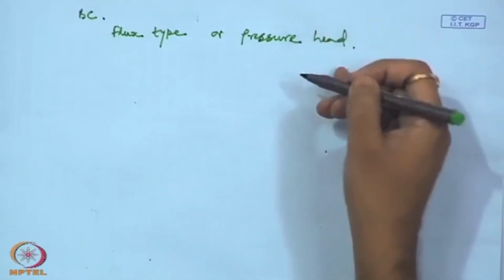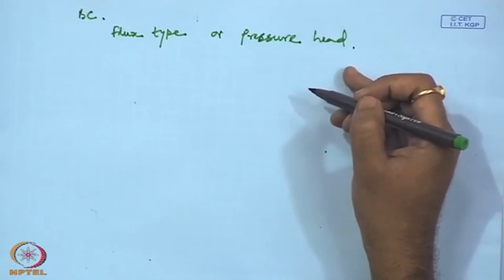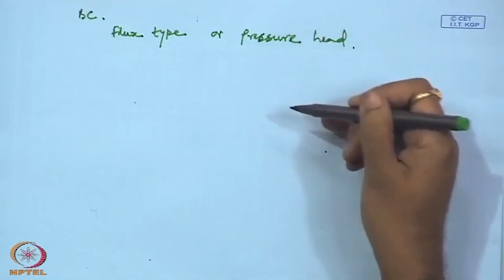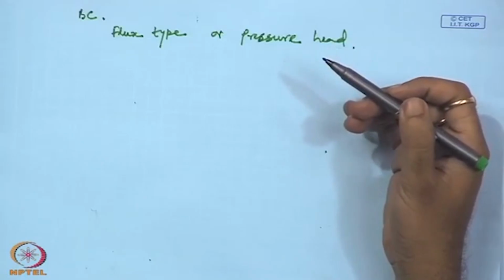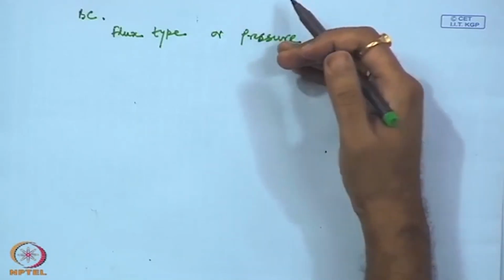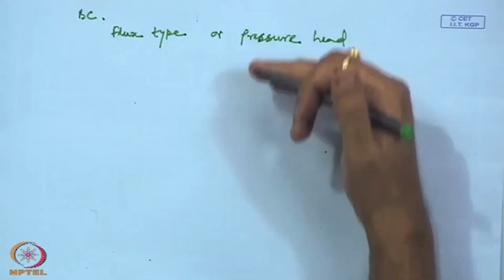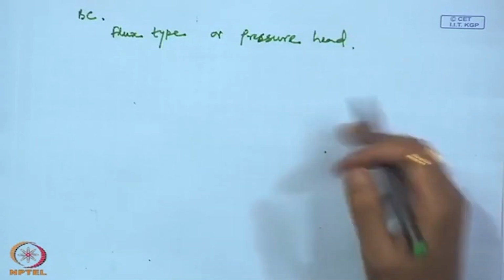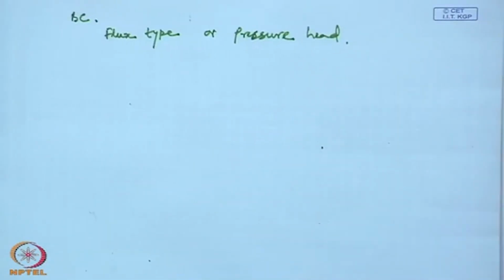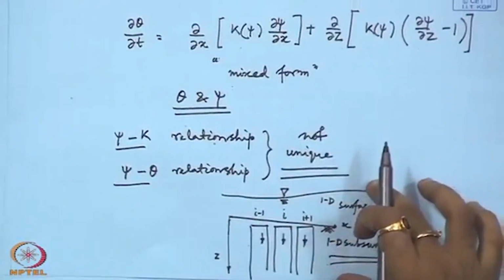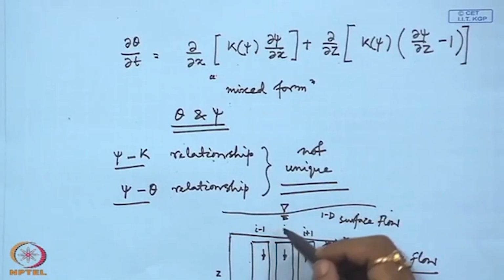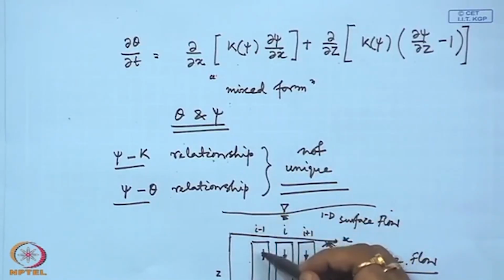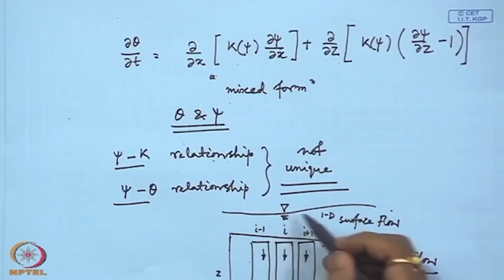So, with these two boundary conditions we can model that, and there will be interaction with our concept, that is, for each cell there will be interaction between the surface and groundwater.